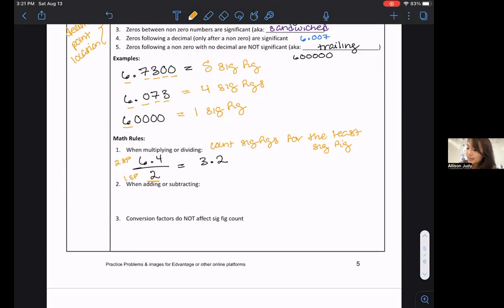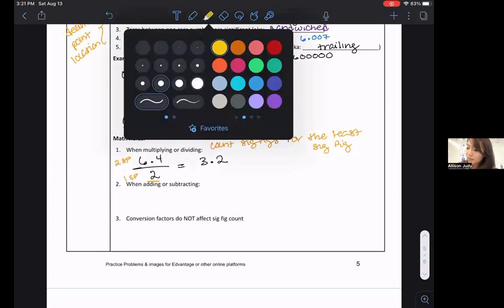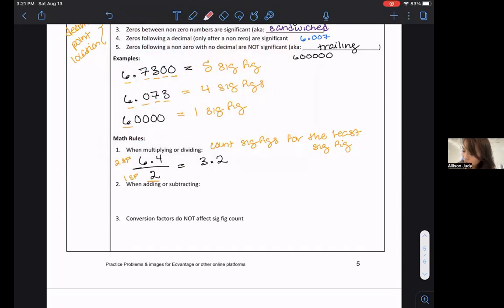Because I have a value in my math that is only 1 sig fig, this sig fig determines the sig fig count of my final answer. So in fact, my final answer can only go to the first sig fig. Therefore, my final answer would have to be 3 according to my 1 sig fig rule.